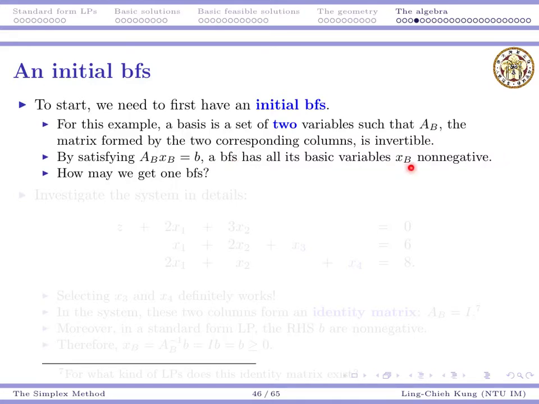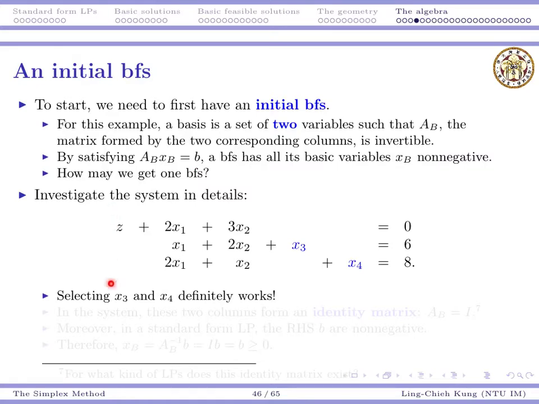So in some situations, typically we don't know how to find these basic columns, right? You choose any two columns, you do not know whether they will be linearly independent, and you do not know whether the solution of this linear system will be non-negative. In general, that's hard, but for this particular problem, it's easy.